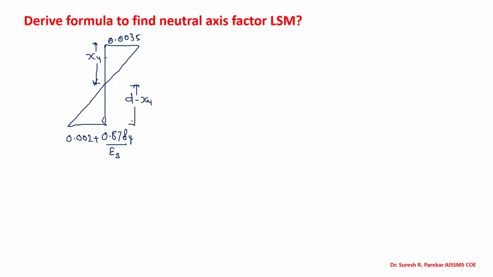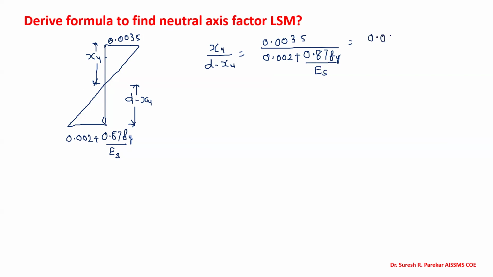Then if you use similar triangles, we have XU upon D minus XU equal to 0.0035 divided by 0.002 plus 0.87 Fy upon Es. And Es, we know, is 2 into 10 raised to 5.